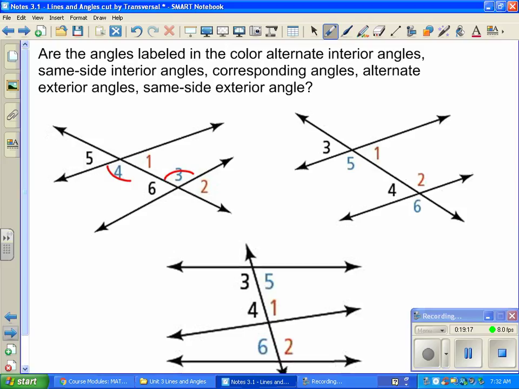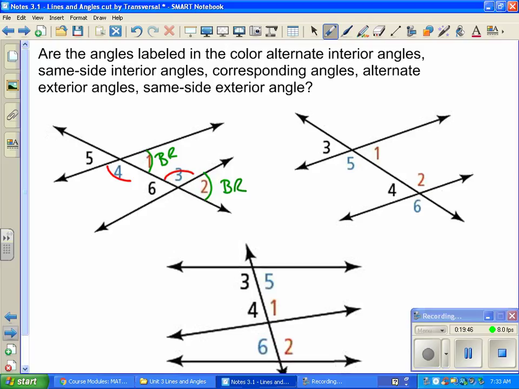But when you look at 1 and 2, one's inside, one's outside. So first of all, that rules out exterior and interior angles. That automatically, out of this list, only leaves one answer. But let's see, why is it corresponding? Well, first of all, this is the bottom right, and this is the bottom right, and they're both in the same position around that intersection. So that's why they're corresponding.